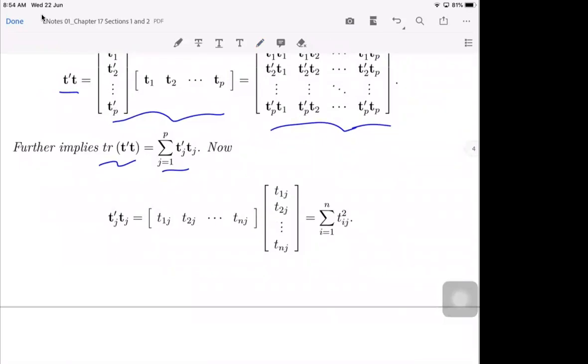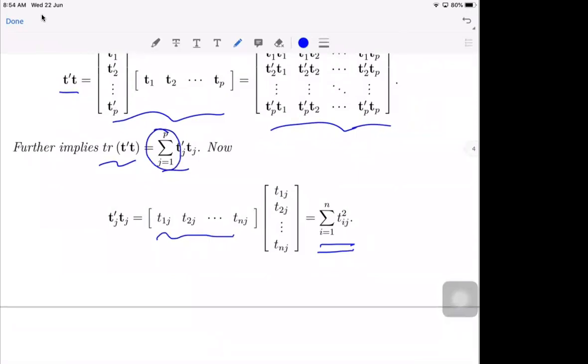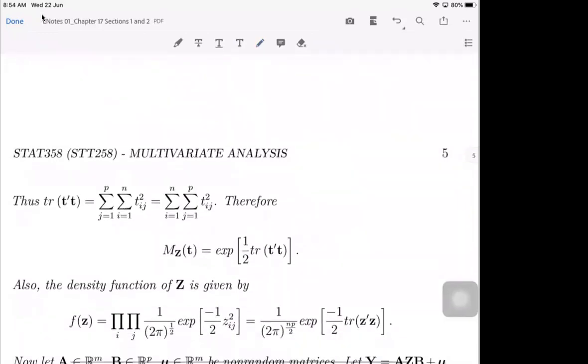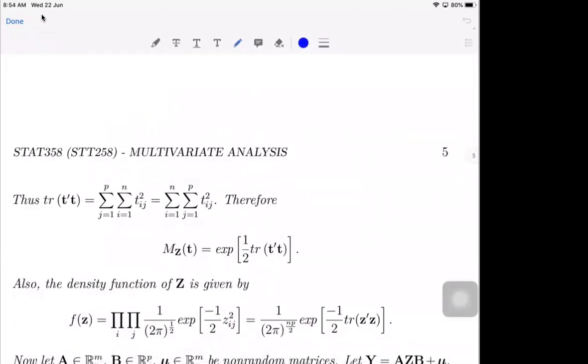Now, if we look at it component-wise, the entries, you have this. This is the summation for the columns, and this is for the rows, so this is j from 1 to p, and this is i from 1 to n. So the trace of t prime t will be a double sum.